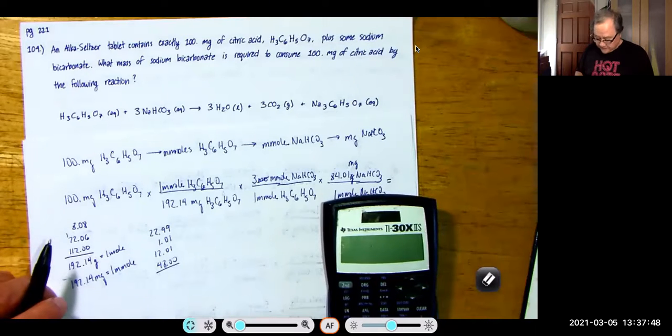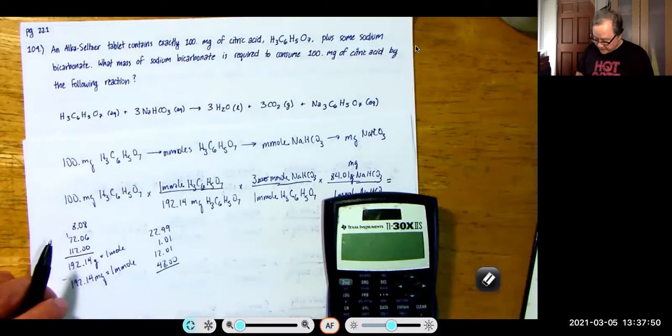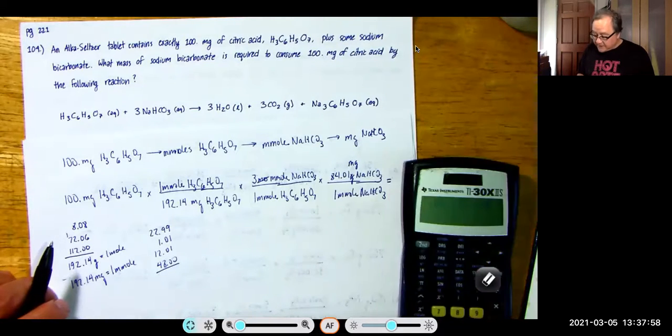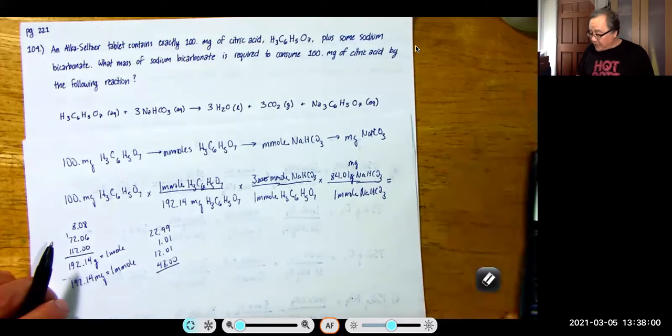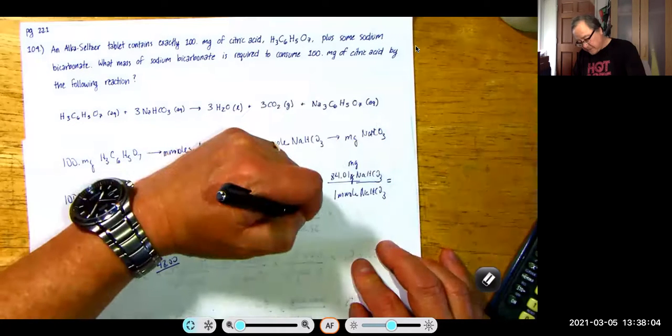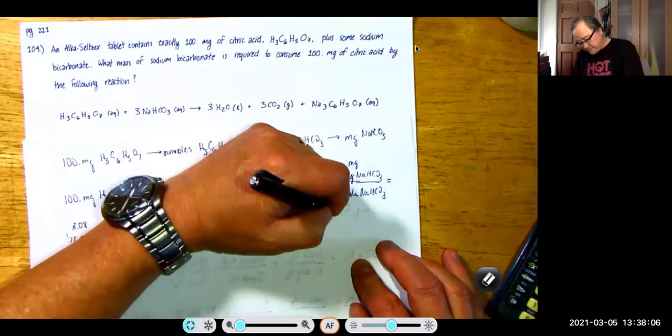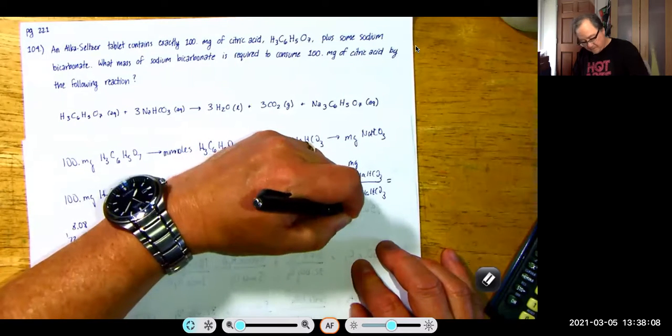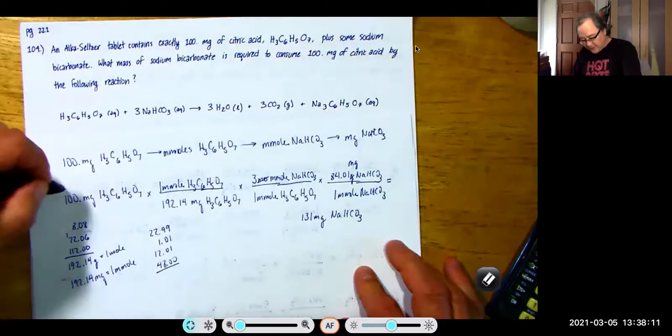100 times 3 times 84.01 divided by 192.14, and we get 131 milligrams. Okay, and so there's your answer.